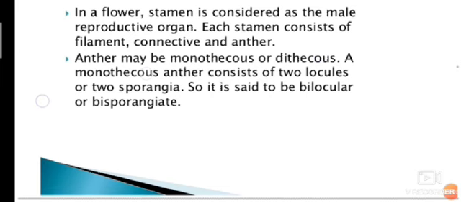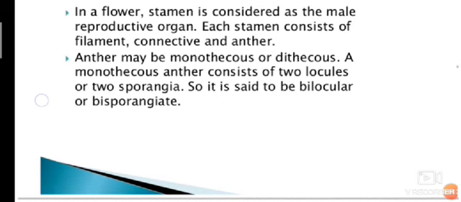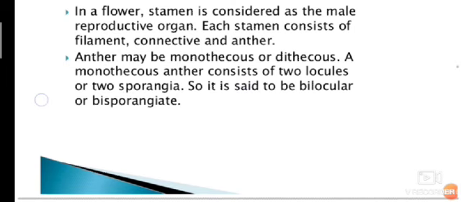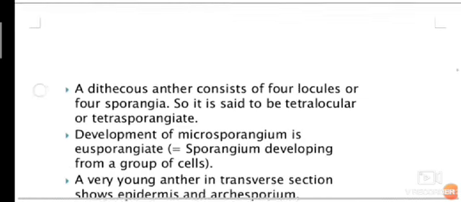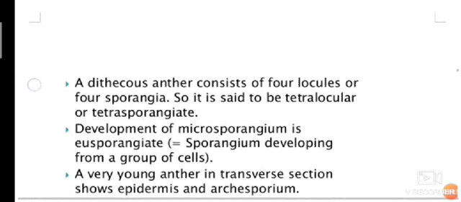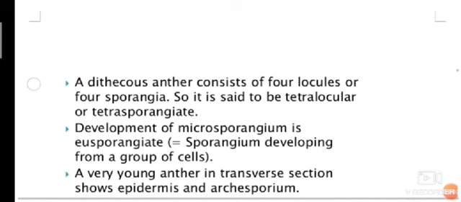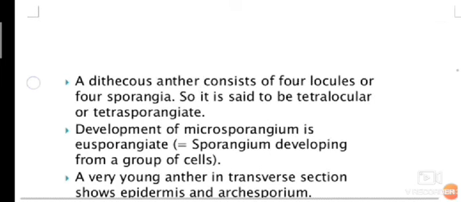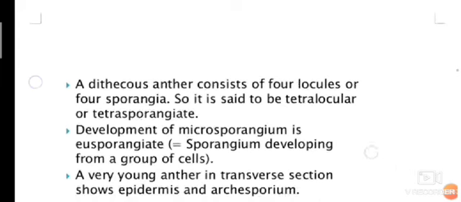A monothecous anther consists of two locules or two sporangia, so it is said to be bilocular or bisporangiate. A dithecous anther consists of four locules or four sporangia, so it is said to be tetralocular or tetrasporangiate.